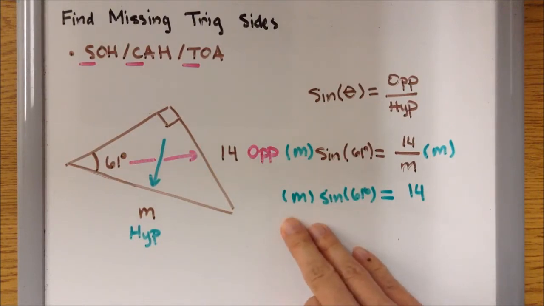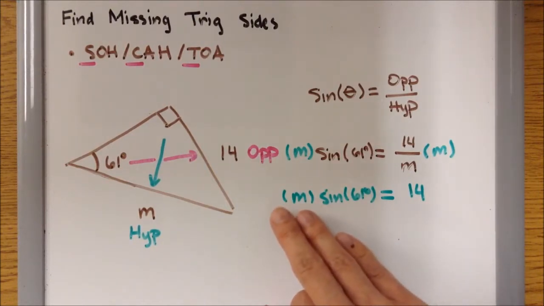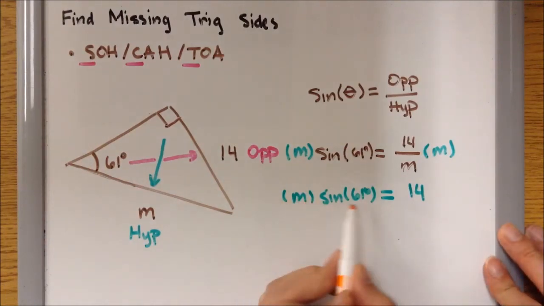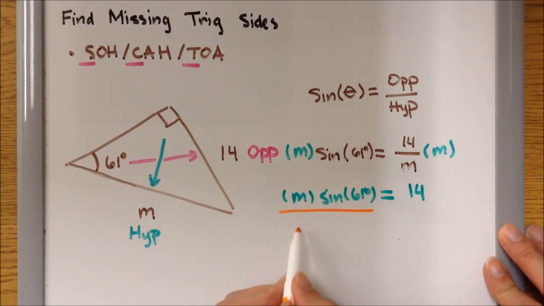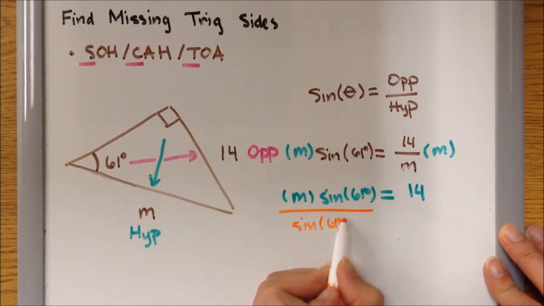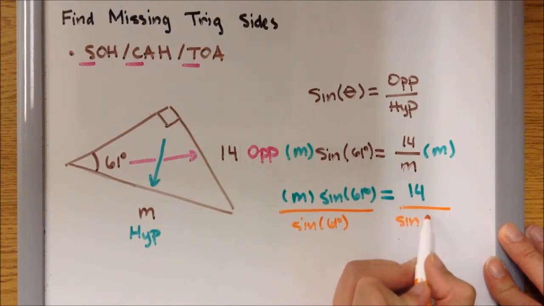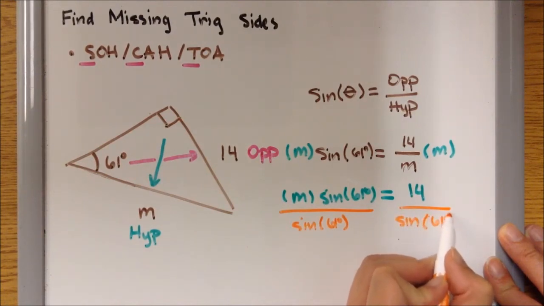Right now it's M sine 61 degrees, so it means M times sine 61 degrees. So all I'm going to do is just divide by sine of 61 degrees, and then divide on the right side by sine 61 degrees.